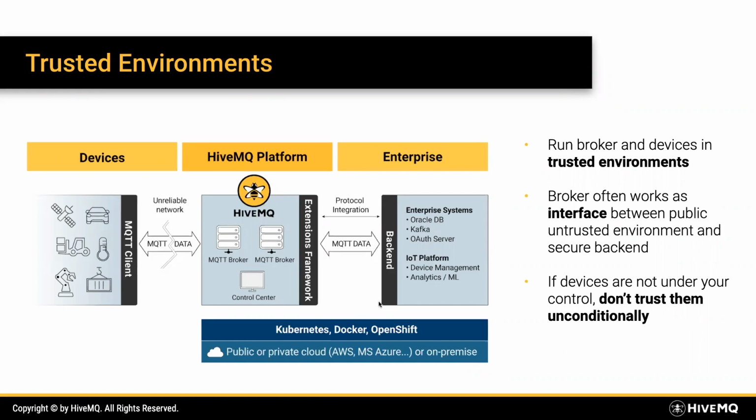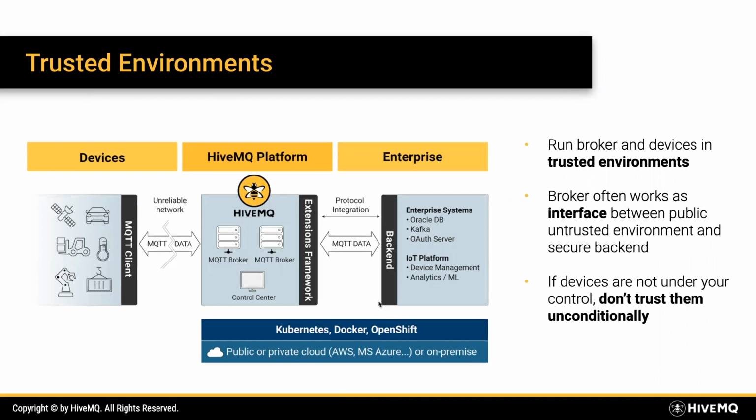This can be, of course, on premise if you have your server farm, but you need to have some kind of basis for this trust. And then brokers often work as interface between public and untrusted environments. So a classical use case would be an open port for the internet, and then some backend systems that rely on the data delivered to these open ports.